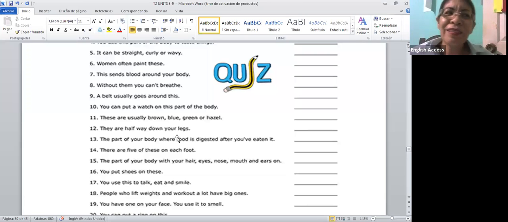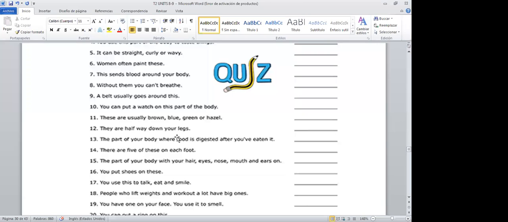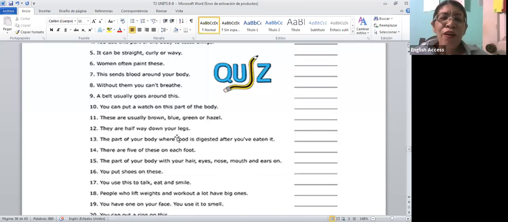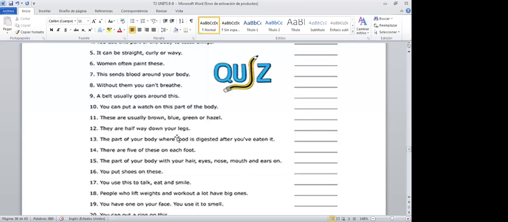Which one? Remember that we eat and all the food goes to the stomach. Yes, the stomach. Excellent.